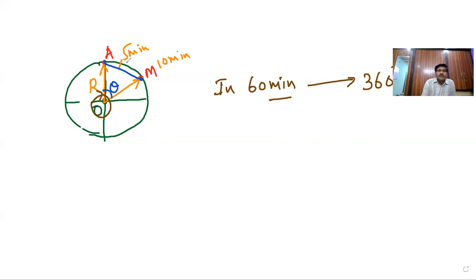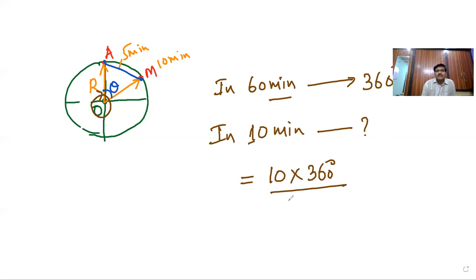But we require only 10 minutes. So in 10 minutes, what is the angle covered? Simply 10 into 360 by 60. So if I simplify this, it is 60 degrees. That means theta is equal to 60 degrees. Clear? Theta is 60 degrees.